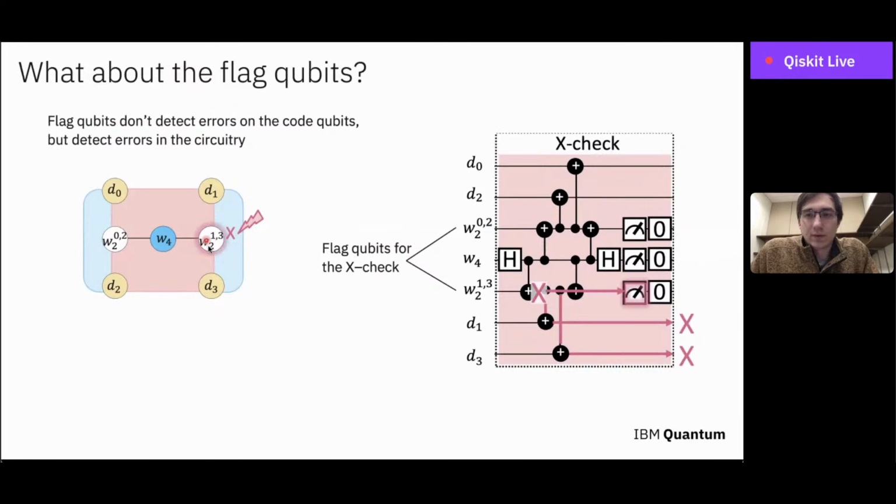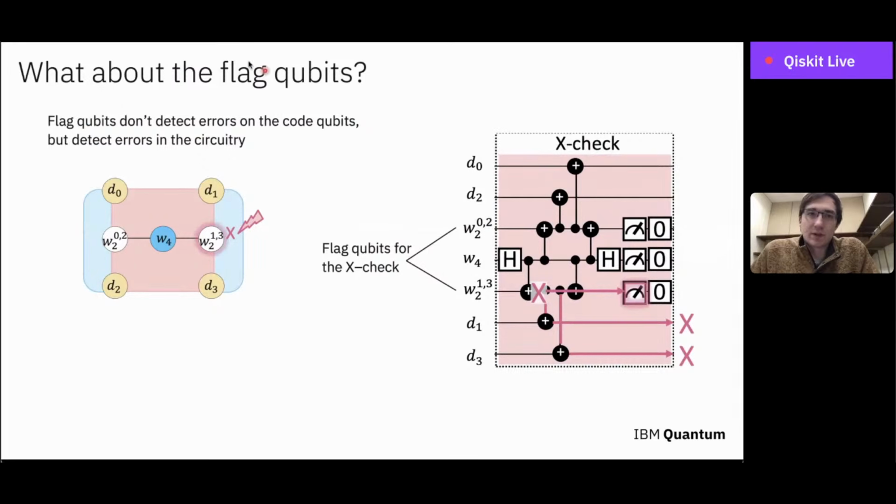These are the qubits here, the W2 qubits, that are in play when we're measuring an X check, but they actually didn't help us detect Z errors at all. They always reported 0 when there was a Z error on the data, at least.